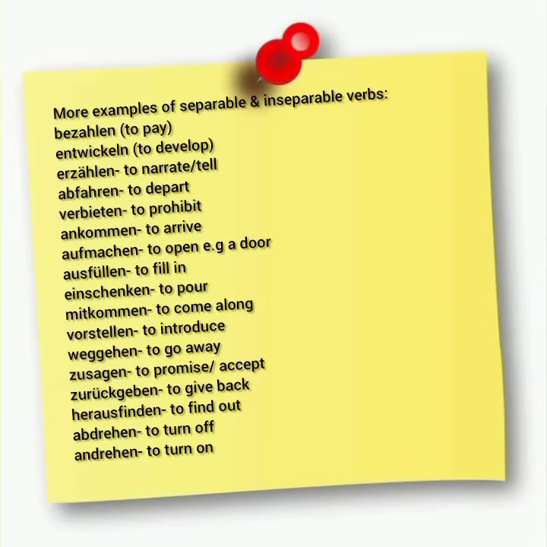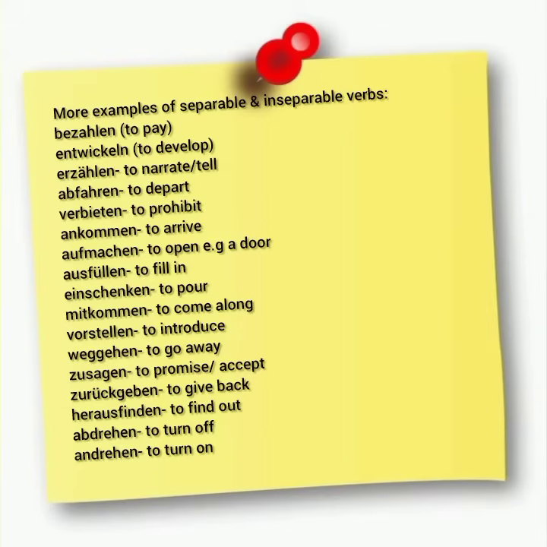I have abfahren. Abfahren, to depart. Verbieten. Verbieten, to prohibit. Ankommen. Ankommen, separable. Aufmachen. Then there's ausfüllen. Remember, aufmachen is to open, like a door, yeah? Einschenken. Einschenken, to pour.